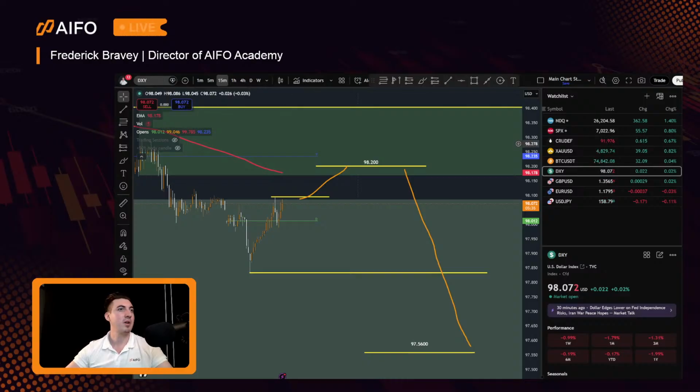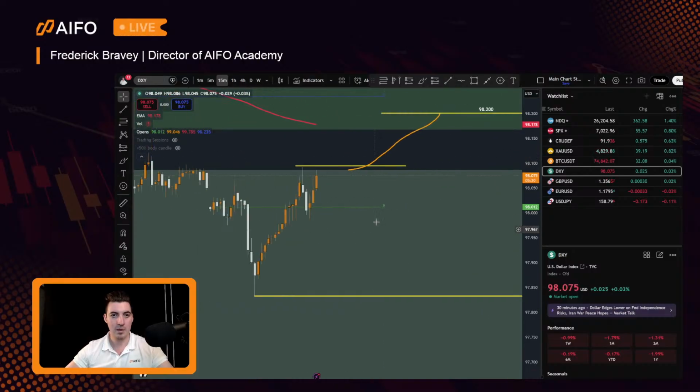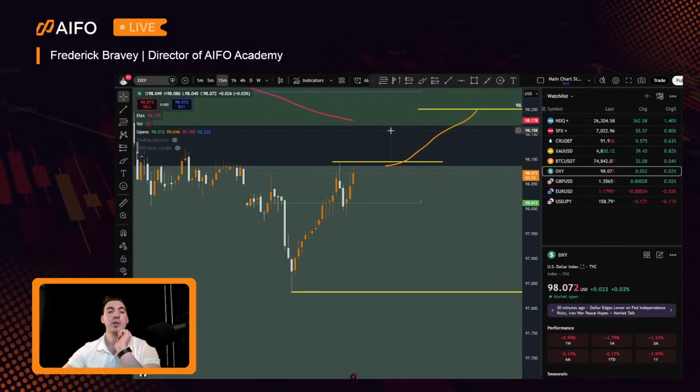This also plays very, very nicely. Starting to look good, seeing any full body candle breaks, and that is a very frustrating period of time to be in.